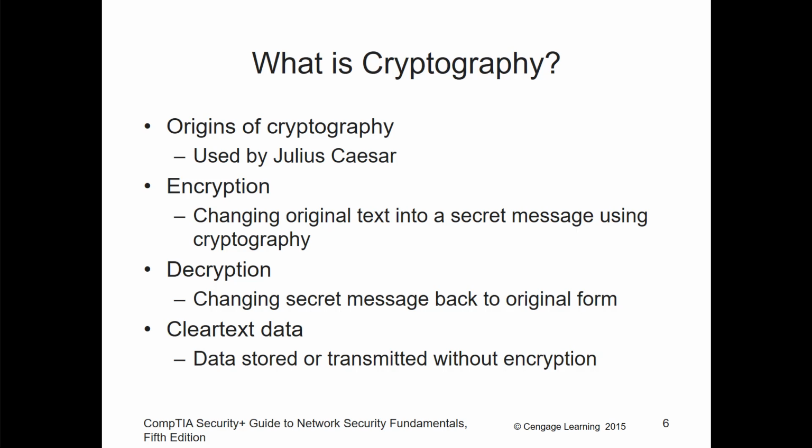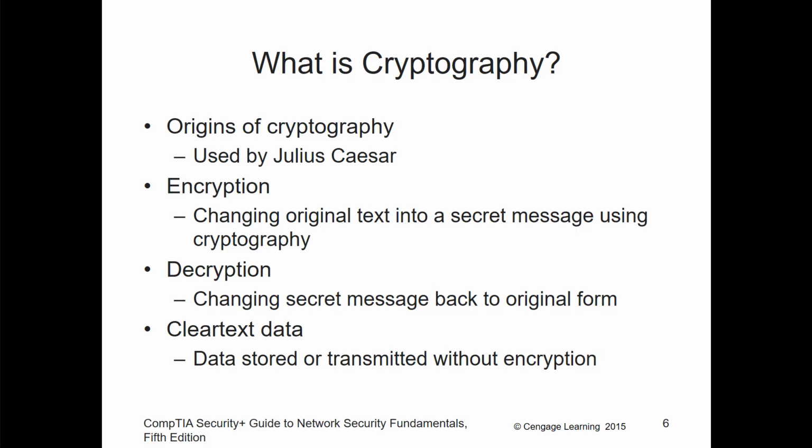So when we think cryptography, we are really thinking encryption, decryption, encoding, decoding, taking a message and securing it, or if we're talking about decryption, it's taking the hidden message or the secret message and putting it back to the original form.